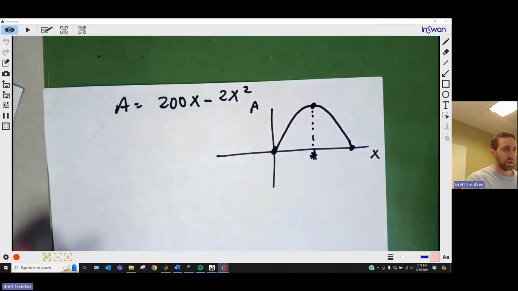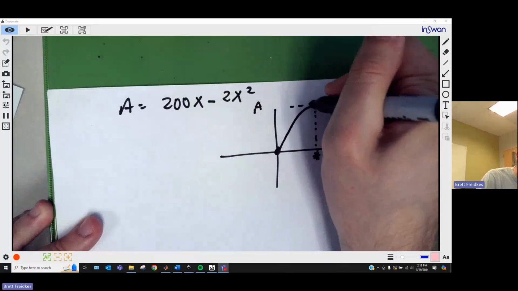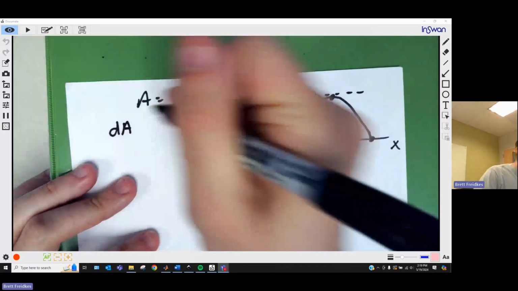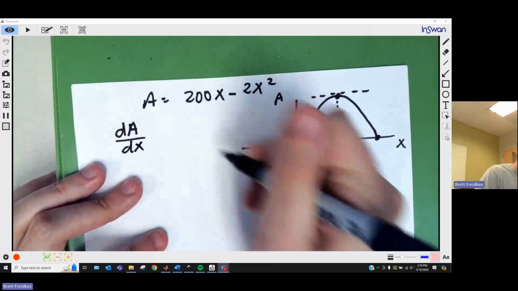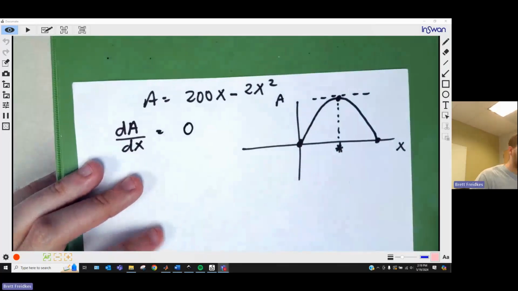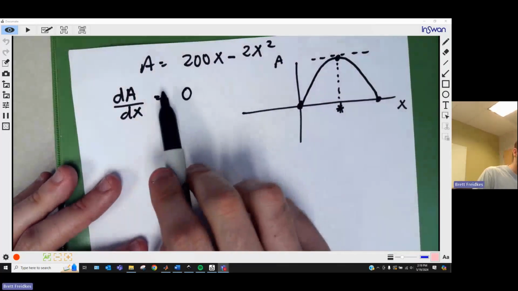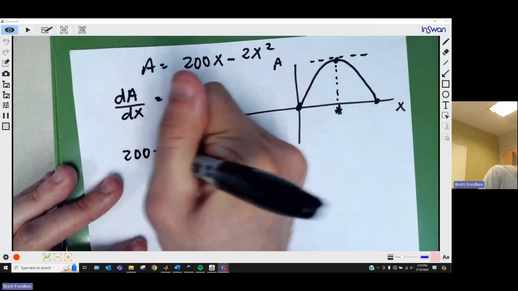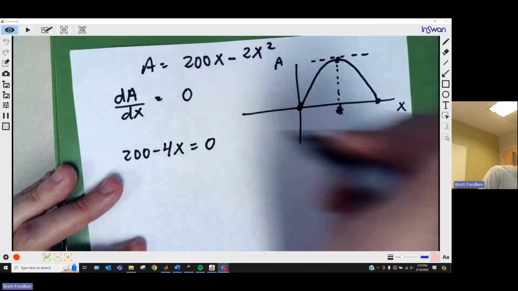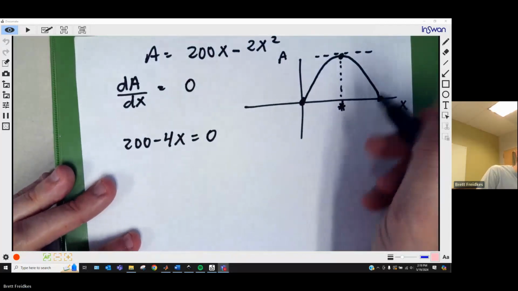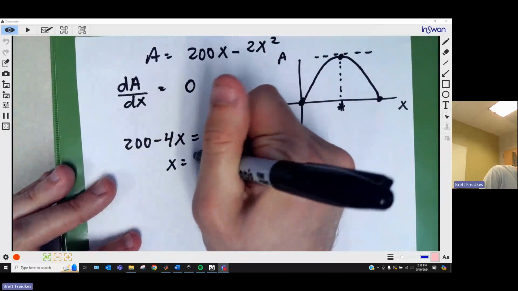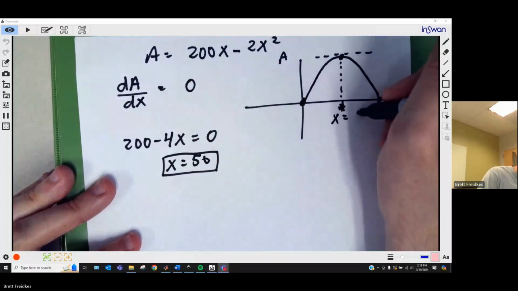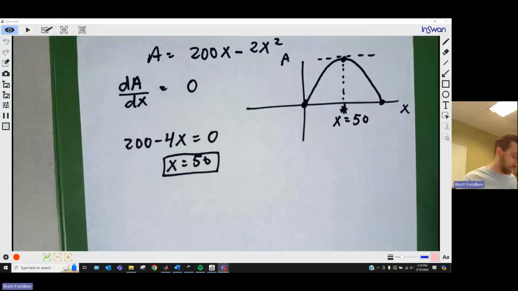That's our ideal x variable. And at that location, we know that the slope is 0. So we'll take the derivative of A with respect to x and set that equal to 0, and we solve for x. The derivative is 200 minus 4x equals 0. We can solve for x, and we end up getting x is 50.